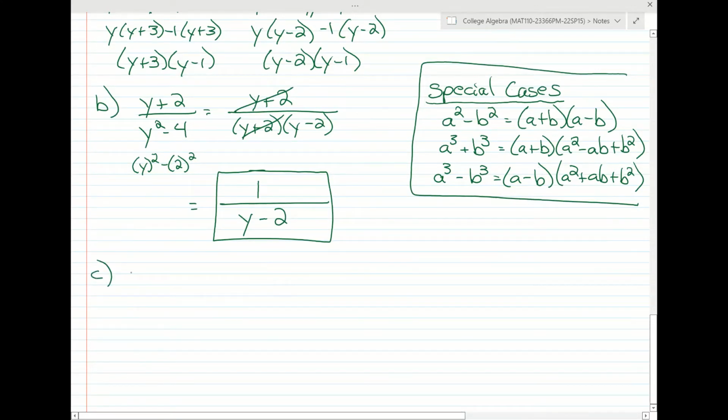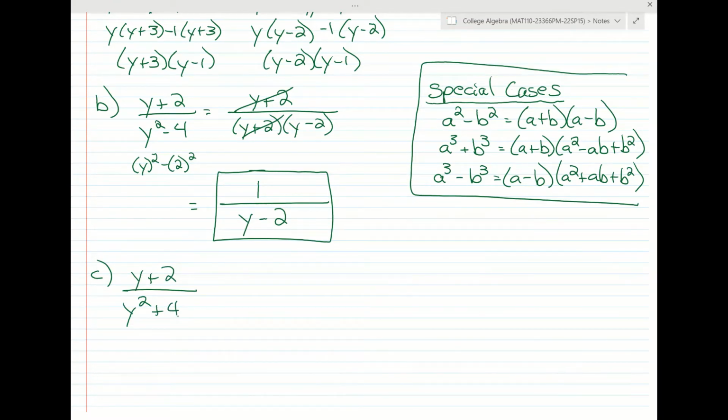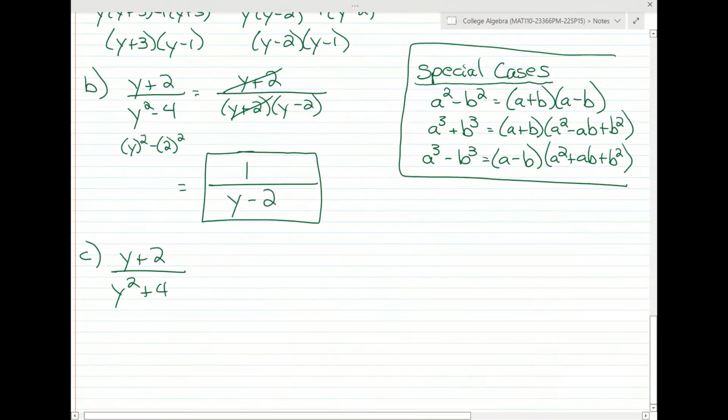What if we had y plus 2 over y squared plus 4? Y plus 2 doesn't factor.